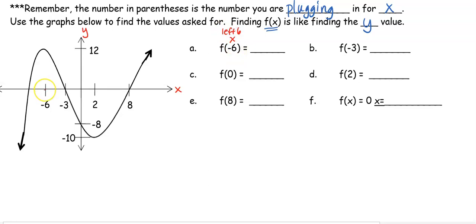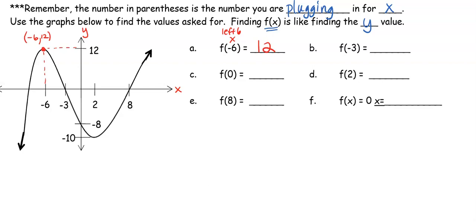When I go left 6, I want to see, where is my graph at that point? This is where my graph is existing when x is a negative 6. If I look at that, I see that it has a y value of 12. So when x is a negative 6, my y is 12.